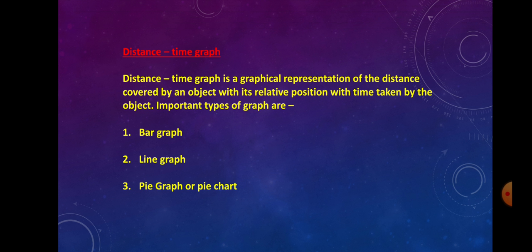Mark the horizontal line as XOX'. The starting point of the horizontal line is X, the point where it meets the vertical line is O, and the end point of the horizontal line is X'. It is known as the x-axis.